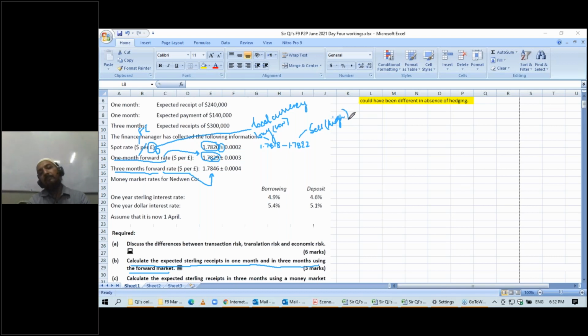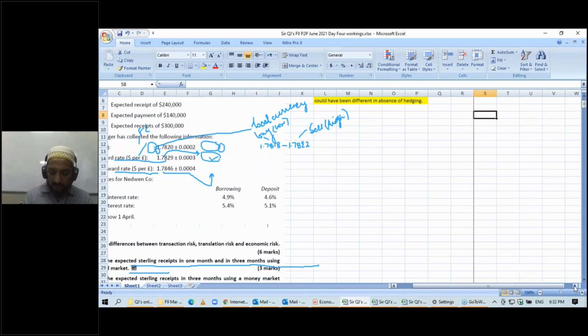Now let me give you some rules. Please write it down. Just for your convenience, I am giving the rules, and then I will solve on the basis of these rules. Something about currency dealers. Now these are some important rules which one should remember.